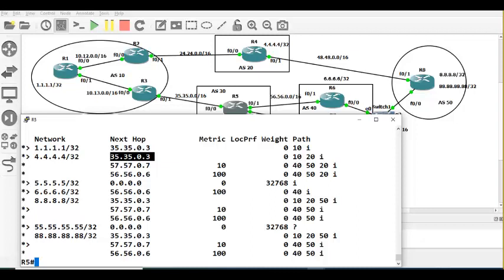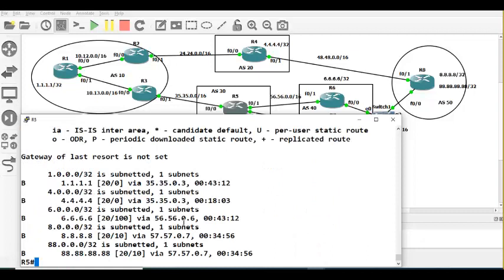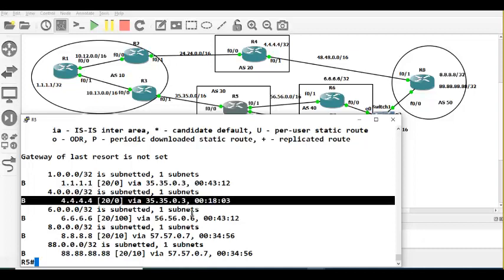Now what I'm going to do is set high weightage to router 3 so that there will not be 7 here. Instead, I'll have 3 to reach 888 and 88. Already for 111 and 444, it is going via router 3.